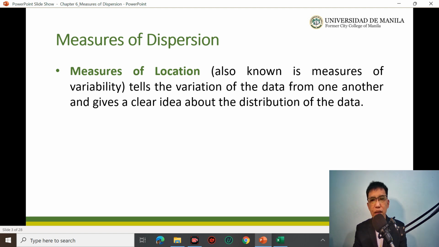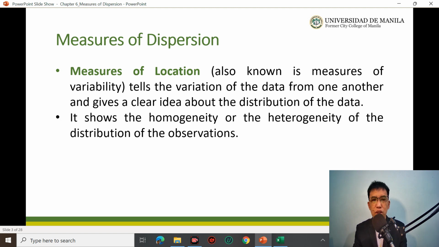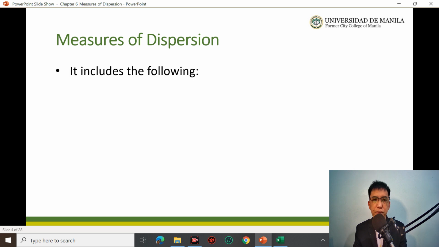And then we would like to know how scattered or how compressed each individual score is to our center. That's the variability, tinatawag natin. It shows the homogeneity or the heterogeneity of the distribution of the observations, as mentioned a while ago.